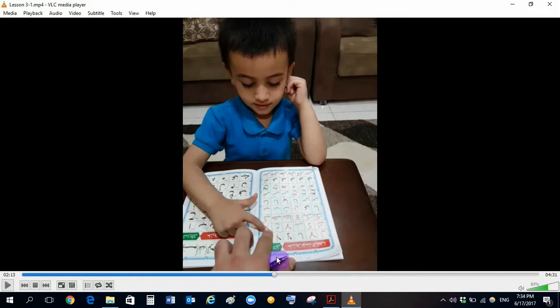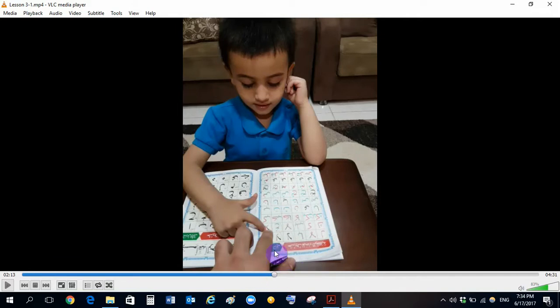As I said, there is a certain tone while reading the lessons, so I'm trying to make him pick up this tone. We have discussed this earlier. So here I'm reading. I'm trying to get Fadi to read with me with the same pitch of voice and the same tone as well.